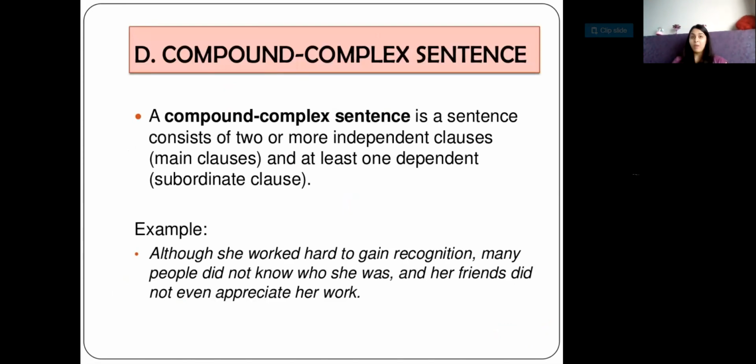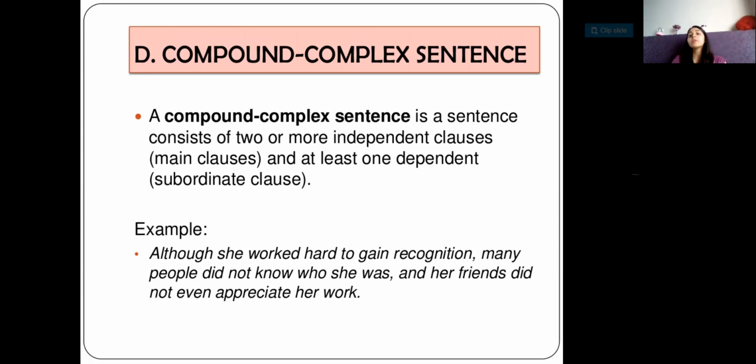Now the last one comes to compound complex sentence. Now what is this? A compound complex sentence consists of two or more independent clauses and also a subordinate clause. It also gives you a very big sentence. Although she worked hard to gain recognition, many people did not know who she was, and her friends did not even appreciate her work.